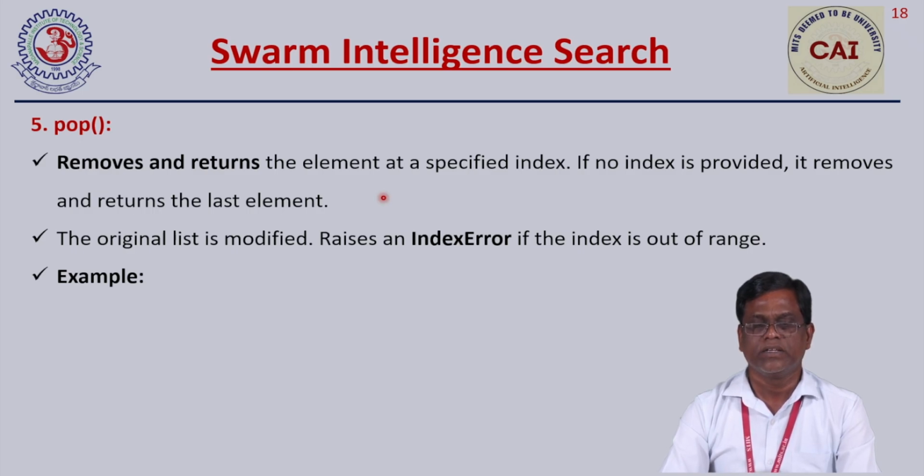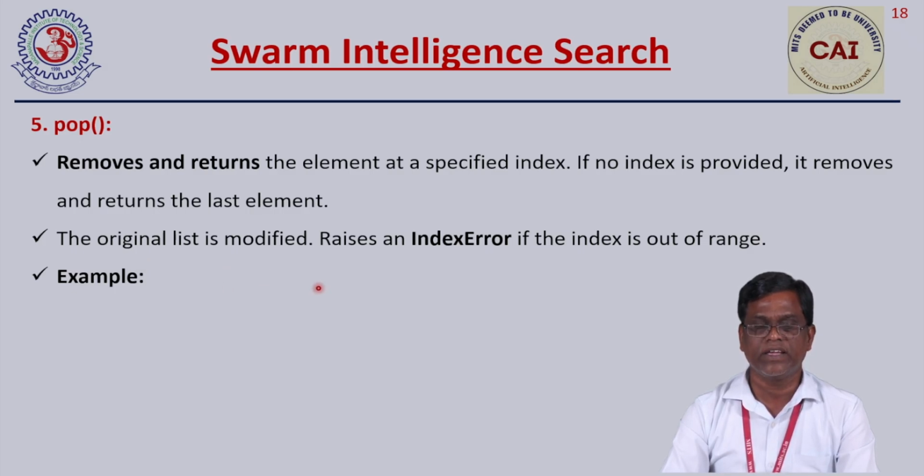If you provide an index, the value at that specific index will be removed. If you do not provide an index, it will remove the element at the last position. And once again, once the value is removed, the original list is modified.